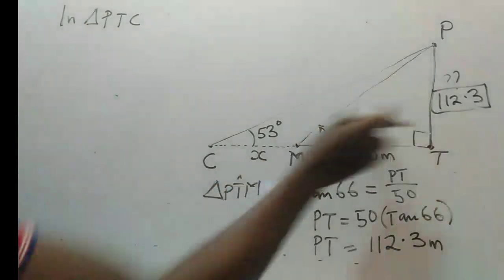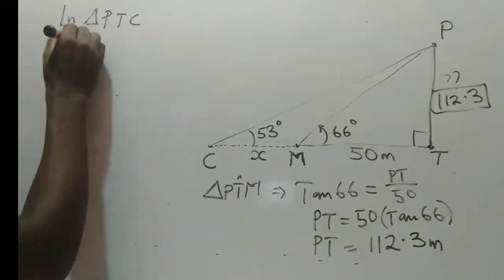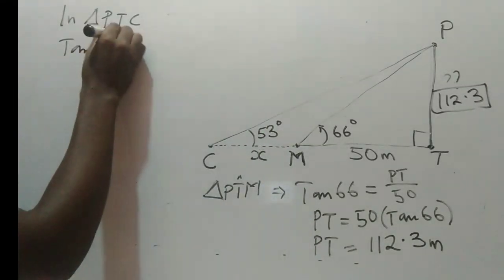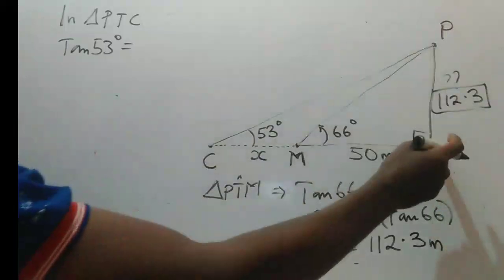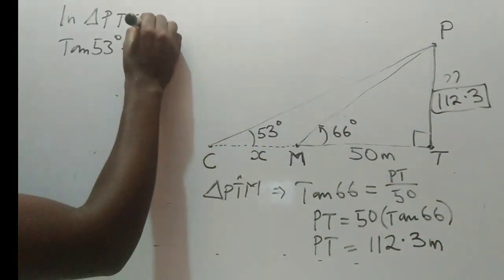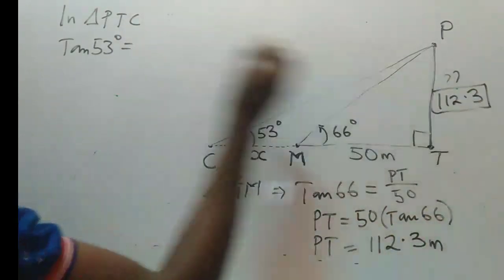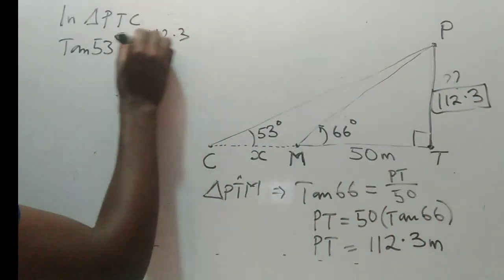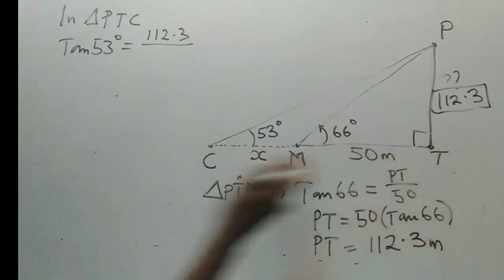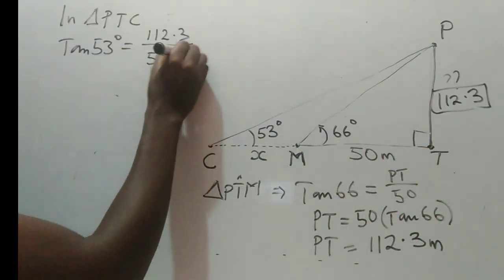So from this triangle PTC, we are using 53 degrees now. So we are going to have tan 53 degrees is equal to opposite over adjacent. My opposite is PT, and my PT now is 112.3. My adjacent is made up of this 50 and this x. So that's 50 plus x.